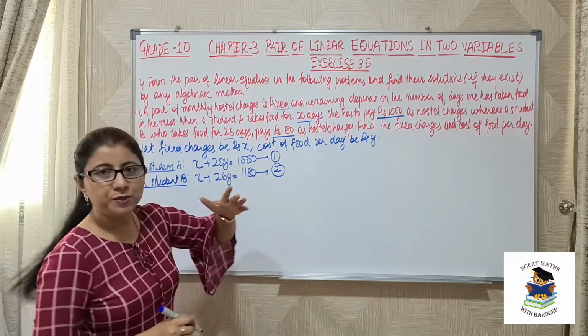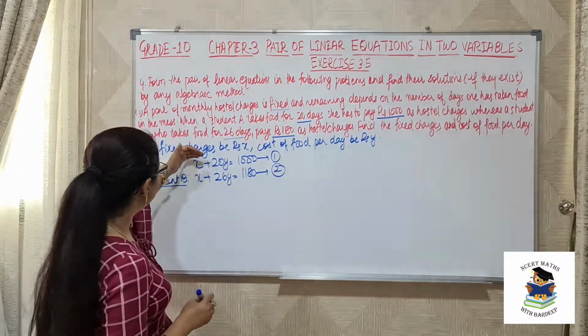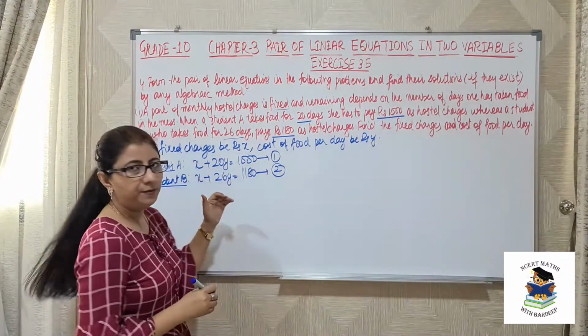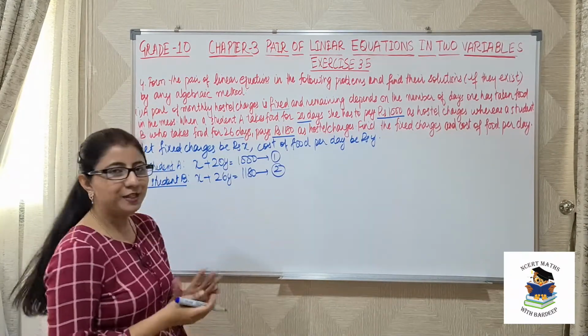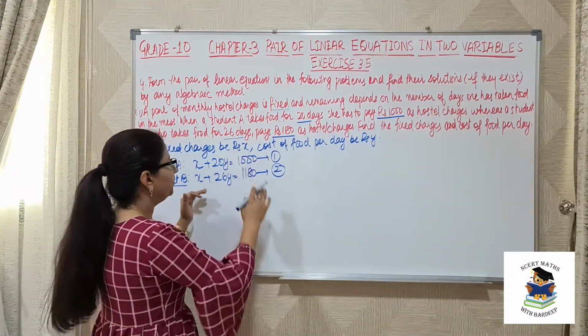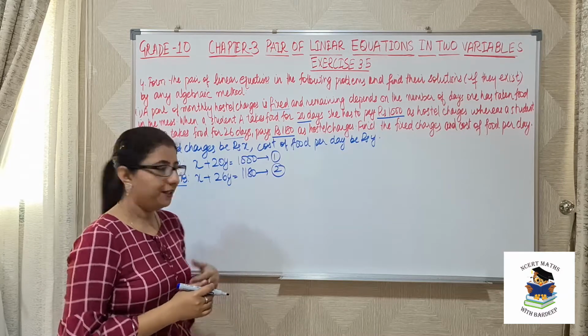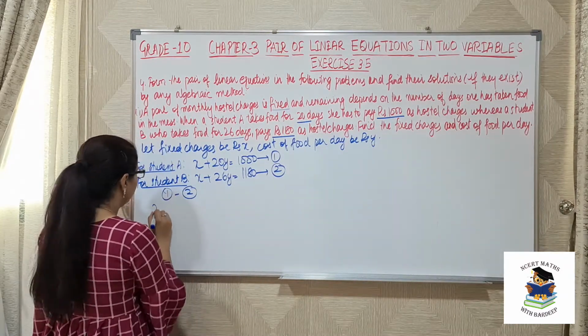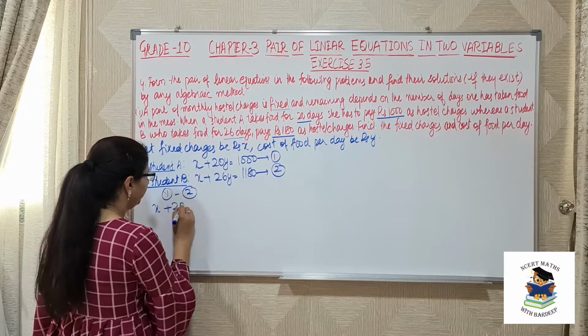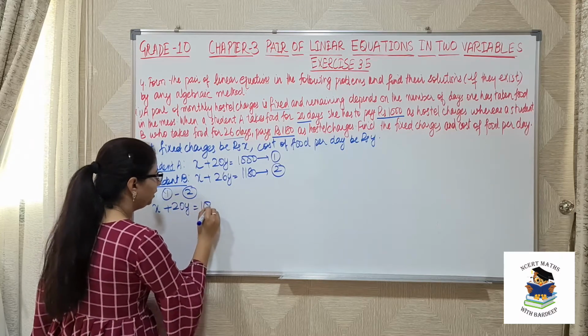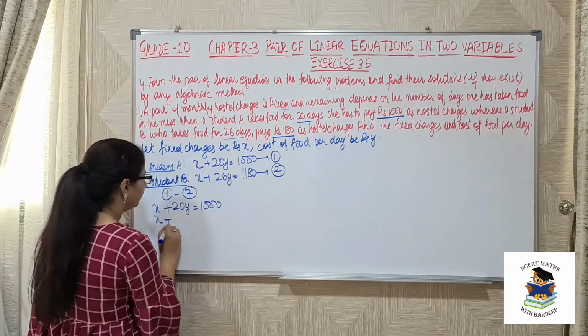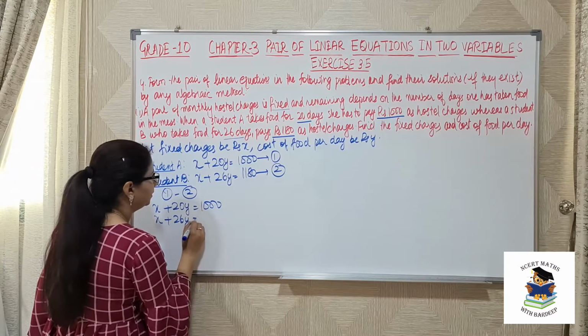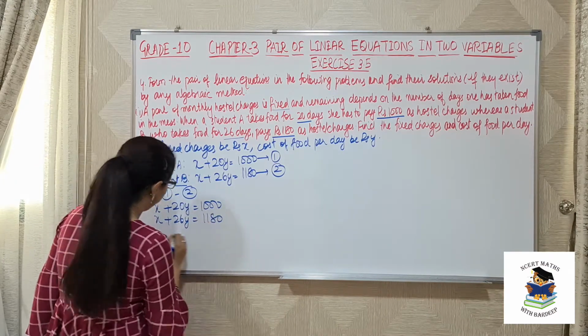Now we can use any method. So let's see that this X is same in both equations. So let's use elimination method first. Subtract these equations to eliminate X. So we will write 1 minus 2. X plus 20Y is equal to 1000. X plus 26Y equals to 1180.